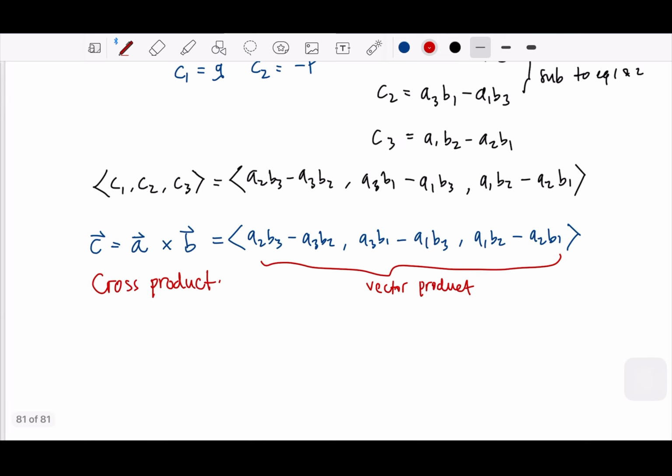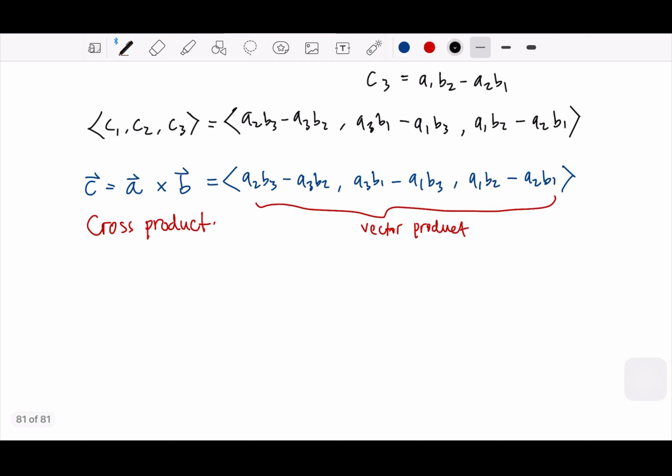So if we deal with the matrix here, let's say we have A1, A2, A3, B1, B2, B3, and C1, C2, C3.